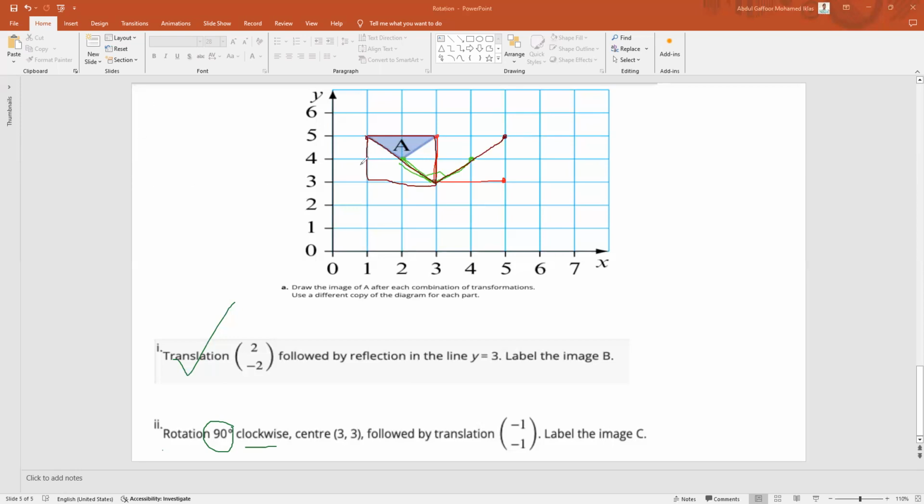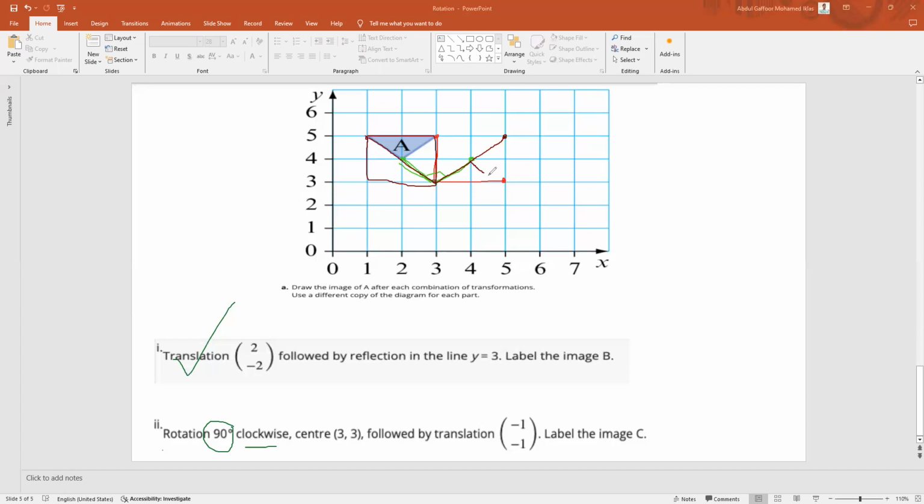So after rotation, I have found the new position of each vertex of the triangle. This is the first vertex, this is the second vertex, and this is the third vertex. If I join these points, I will find the position after rotation.